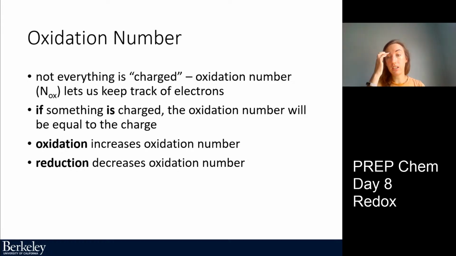Okay, are there any questions on just the definition of oxidation or reduction or oxidation number?